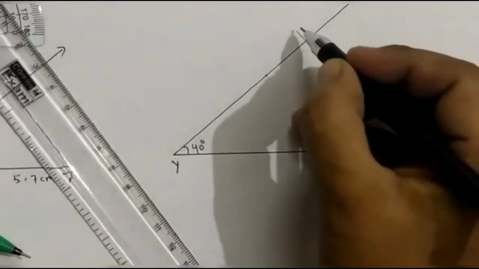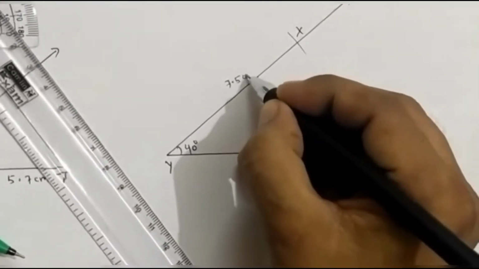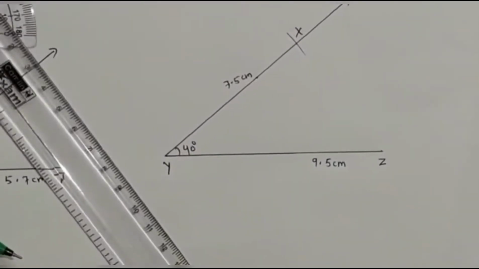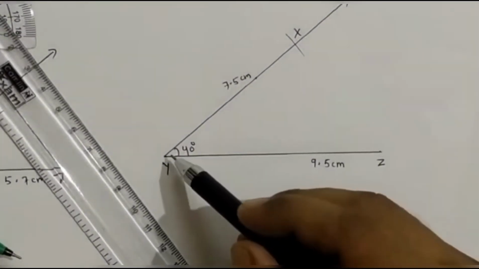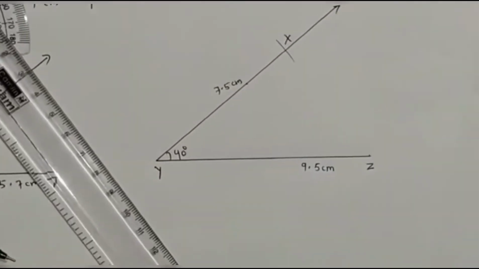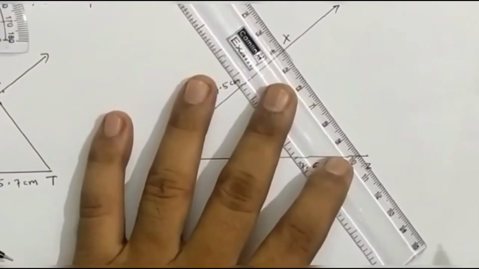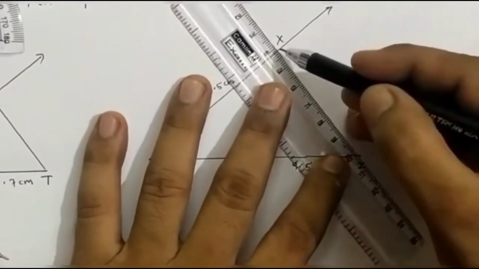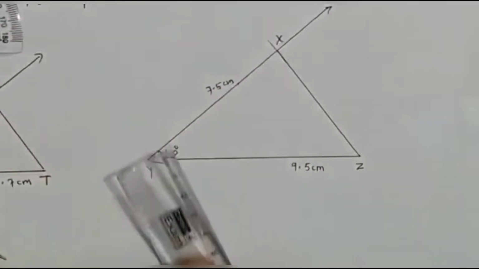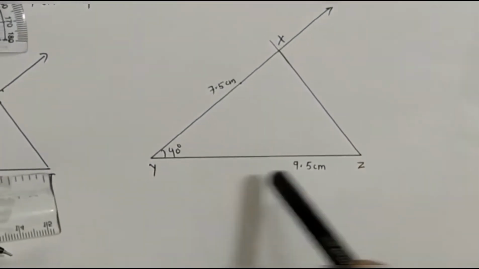So this is point X. You can mark 7.5 centimeter. Just do it. From point Y, cut an arc of 7.5. You get point X. Now you join this point X with Z.